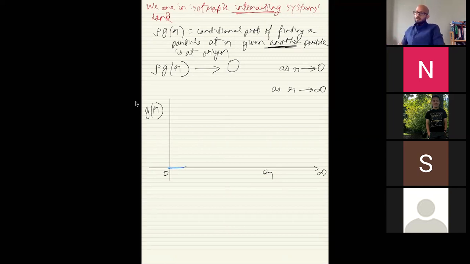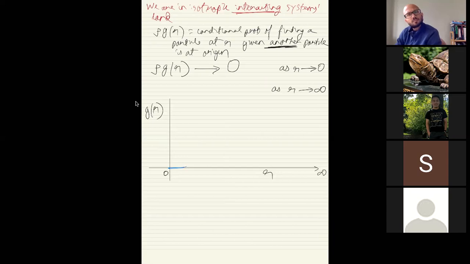What will happen to it as r tends to infinity? Any ideas? It will definitely increase because as you increase the R, you tend to find more and more particles in that radius. Correct. But will it keep increasing or will it become constant?